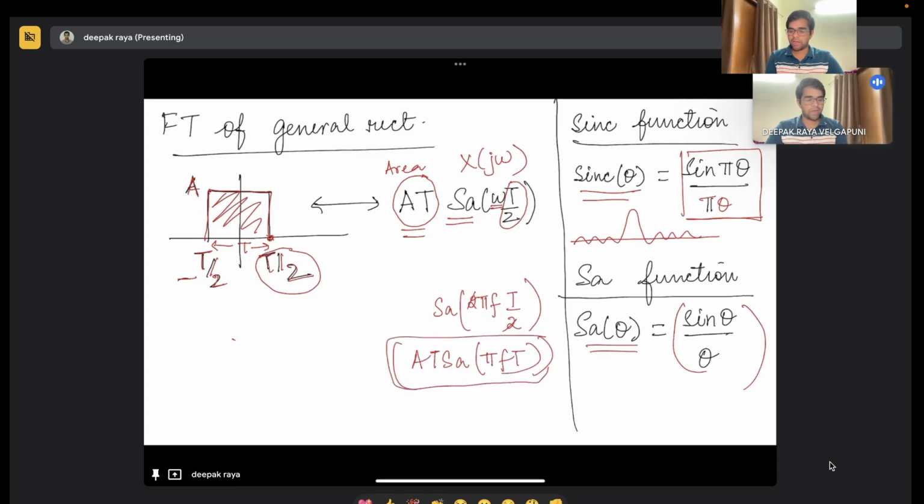If you have a pi factor in this, SA of pi f t is nothing but sinc of f t. So basically you get this expression. You can represent it either in sinc or SA function. So this is the Fourier transform of a general rectangle. This will be very useful and handy to remember, because the rectangle is one of the common signals for understanding sampling or low pass filtering, etc.